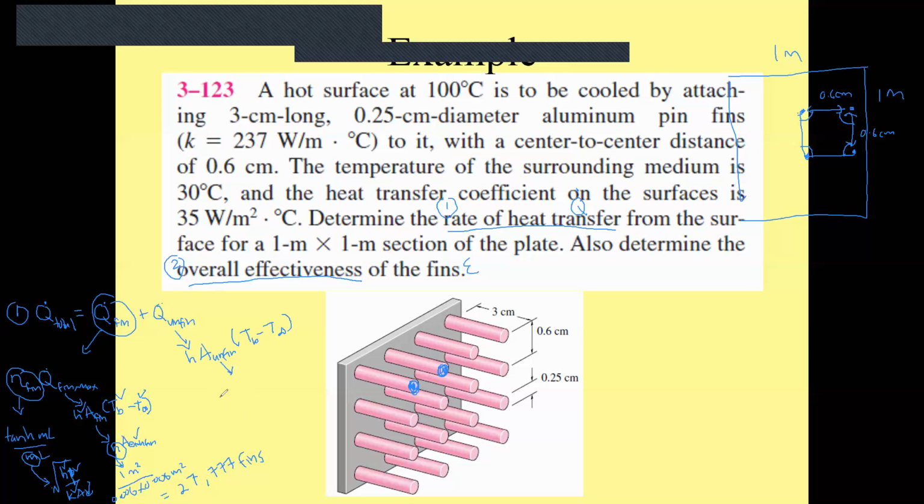It's going to be 1 meter square minus 27,777 times the area of this circle only, pi d squared over 4. Plug it all in, and then you will get the total Q. The total Q you will get is about 17.4 kilowatt.